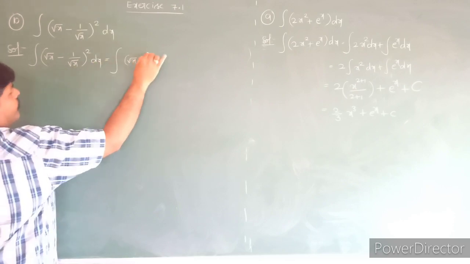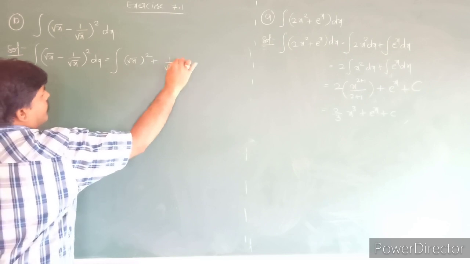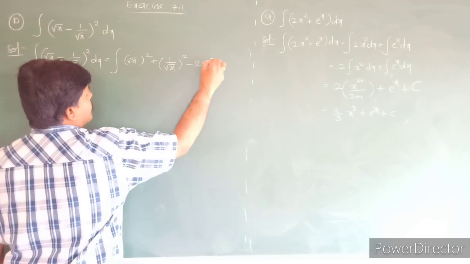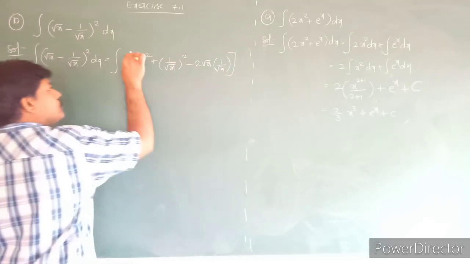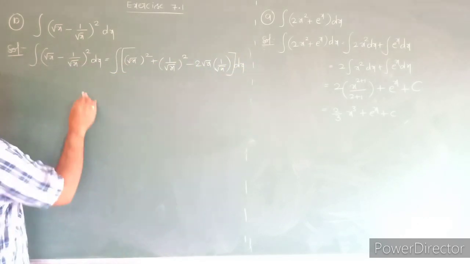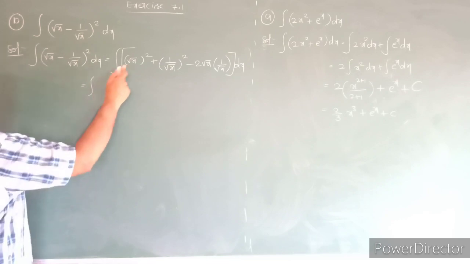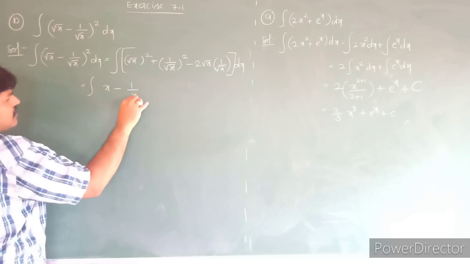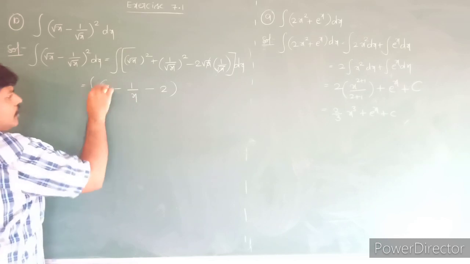Root x whole square, a square, plus b square, minus 2ab, 2 into root x into 1 by root x, into dx. So that is equal to integral of, root x square will be cancelled, it will become x, minus 1 by x, minus, root x will be cancelled, it will become 2, into dx.